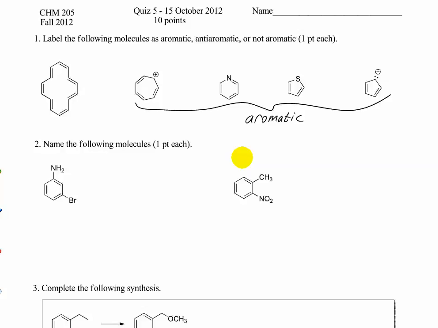Four n plus 2, right? 14 is 4n plus 2 when n equals 3. So that is a Huckel number.